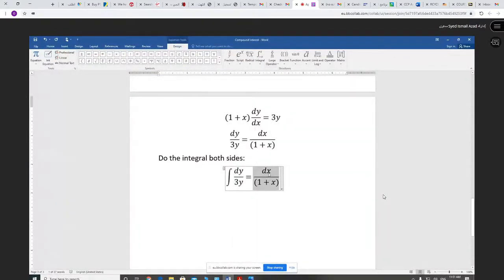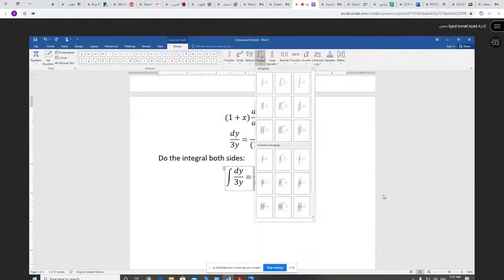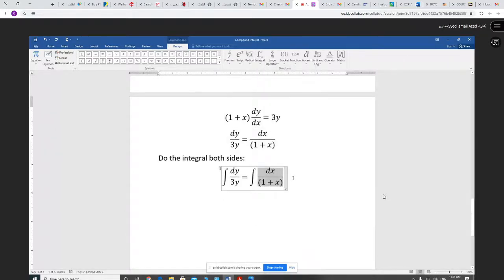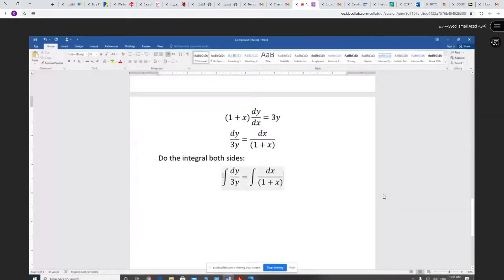Here you will do integral. So tell me how much you will get on the left hand side. This integral gives you how much? ln 3. 1 over 3 ln y.